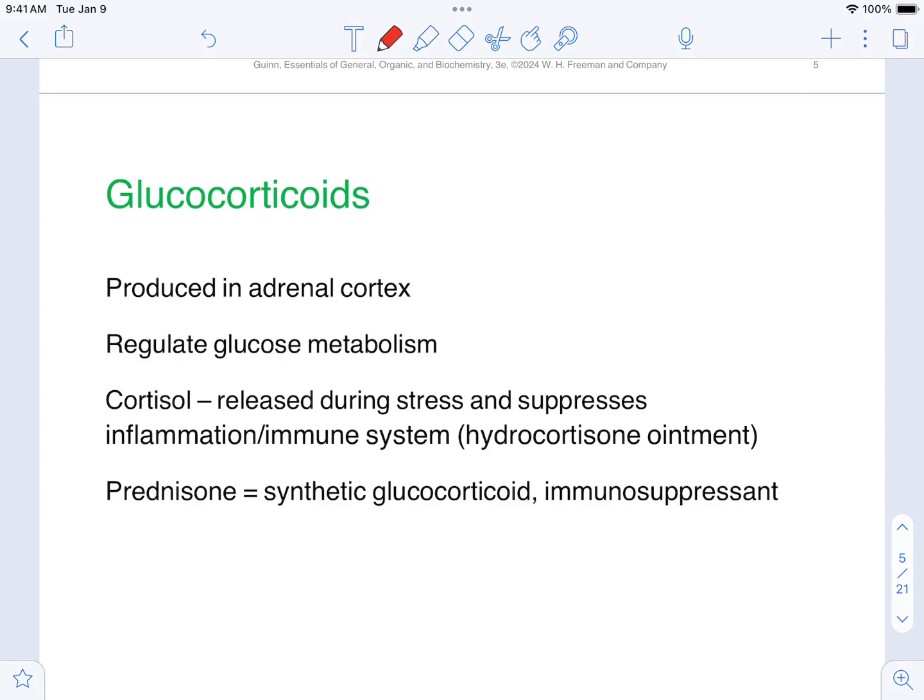So they have immunosuppressant activity, used in different allergies and asthma medications. Something called cortisol is released during stress and suppresses the inflammation and the immune system. And then something you've heard of before, prednisone. This is a synthetic glucocorticoid and an immunosuppressant.